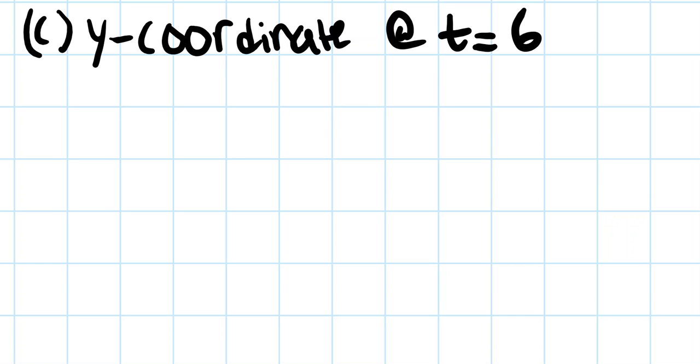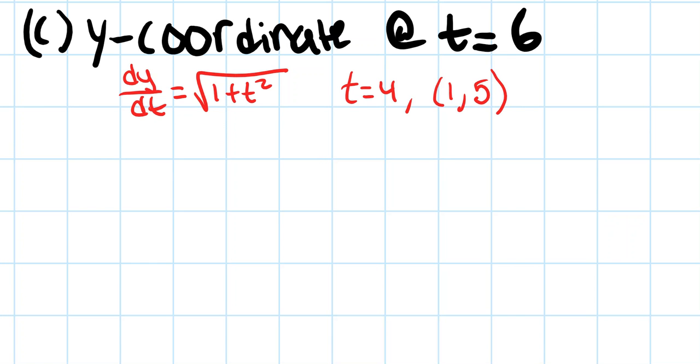We know dy/dt, which is our change in the y value. We also know the y-coordinate at time t equals 4, because we're told that the particle is at the position (1, 5). So the y-coordinate here is 5.